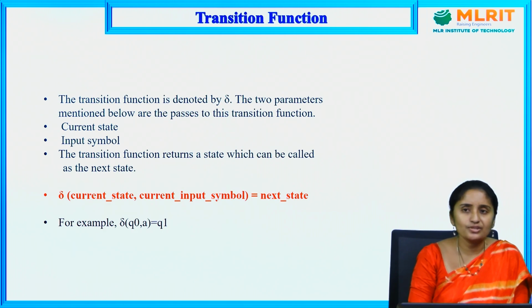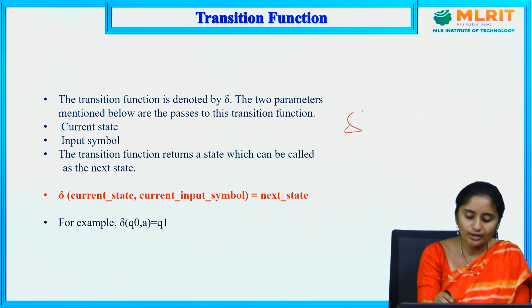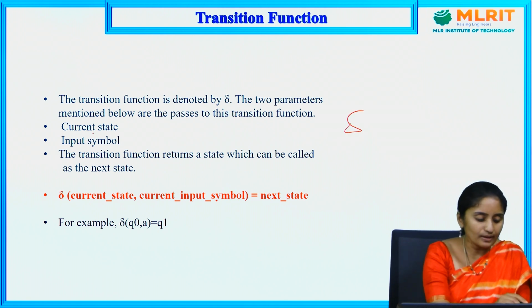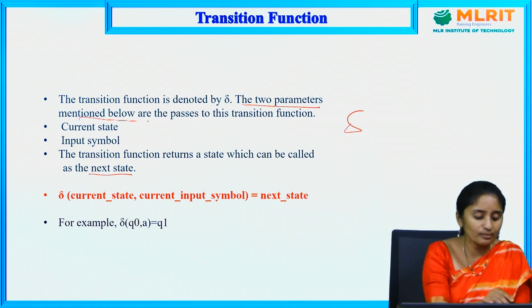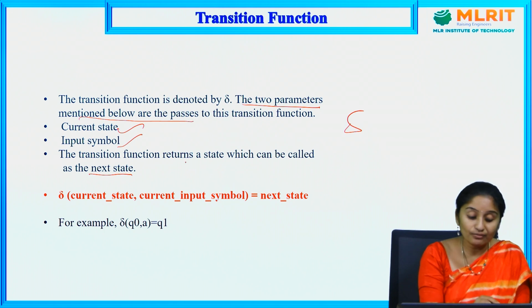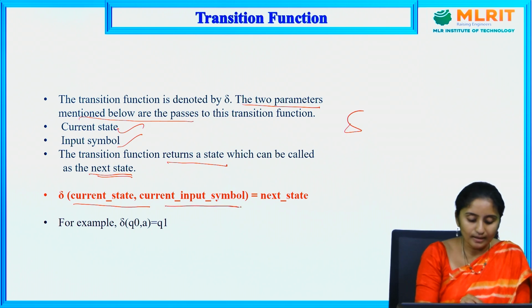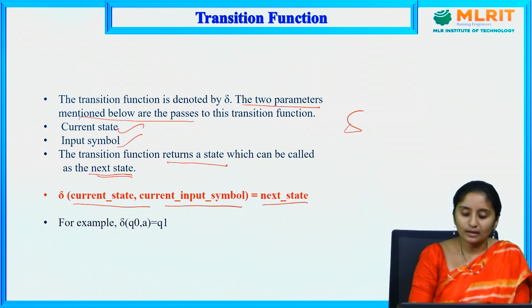Next, transition function. Delta is pointing to the transition function. So current state and input symbol point to the next state. The 2 parameters mentioned below are the current state and input symbol. The transition function returns some state, that is the next state. See here, current state, current input, it is moving to the next state.